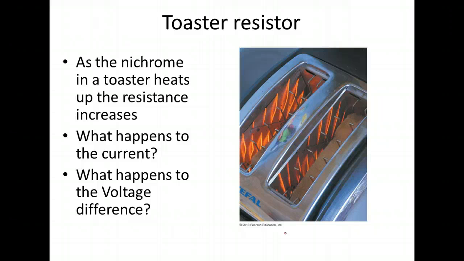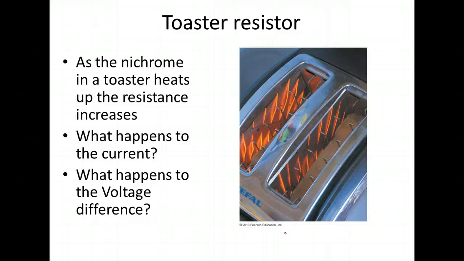Why does that material heat up? Kind of, it doesn't want the electricity. Imagine I'm trying to push something. What causes heat to form in that relationship? Friction. This is friction on an ionic and electron level, and that causes heat to form.